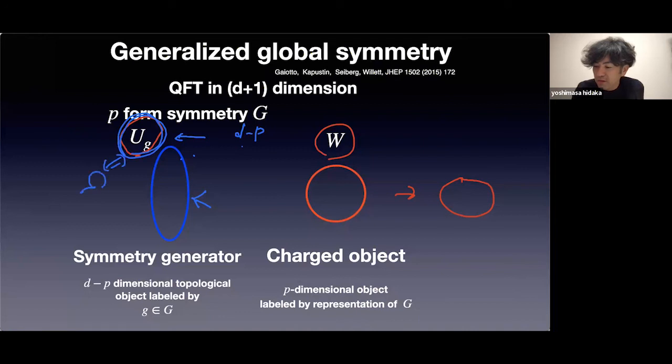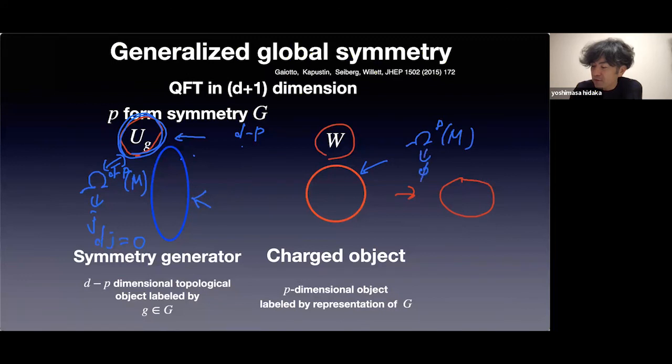These elements are D minus P forms. So let's say J. That is a closed object, and these objects exist as some P form.